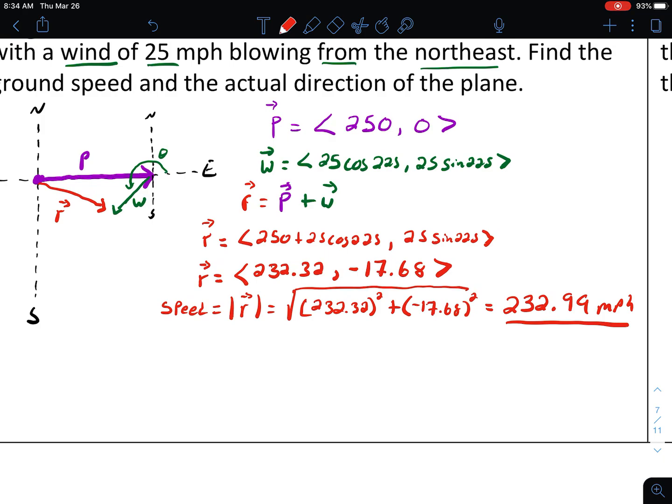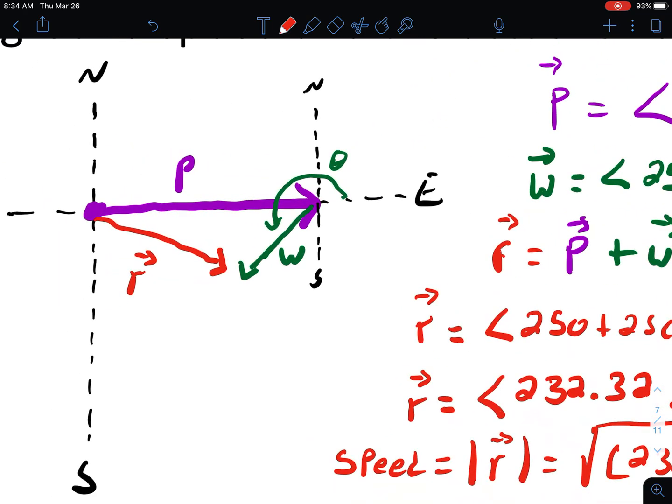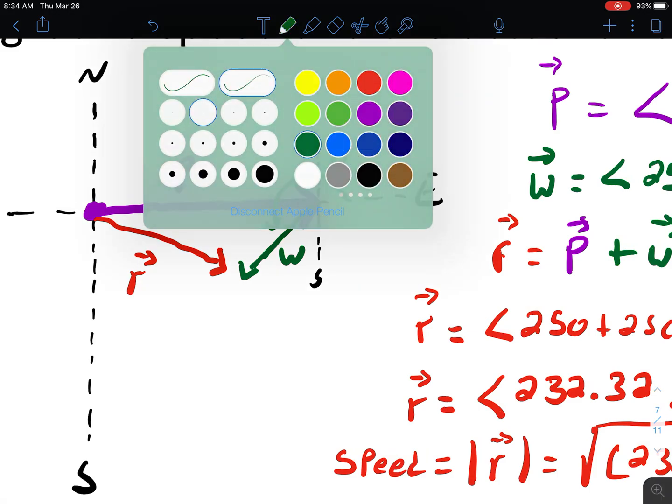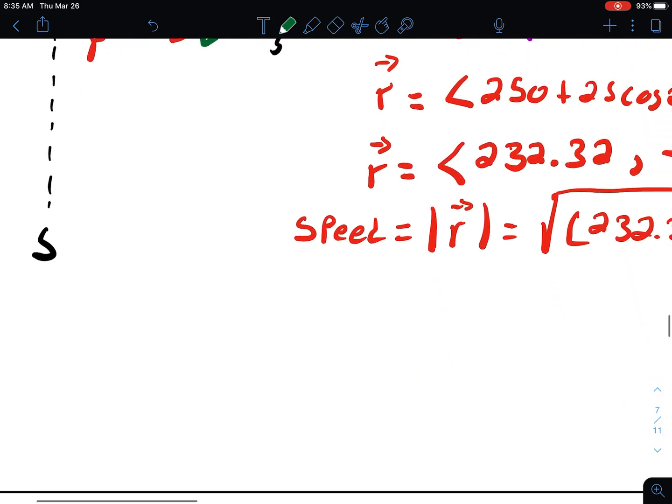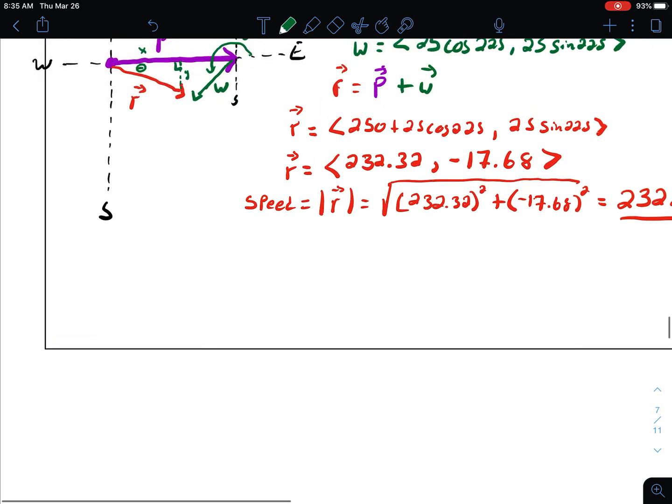Now let's find the direction of the plane. Well, we're zooming in here, all right, so that way I don't have to draw this thing again. I see my plane's vector. All right, let's find the angle it makes with the x-axis right there, for which we have the y component of the resultant vector, and we have the x component to work with.